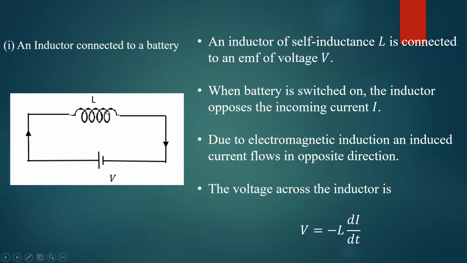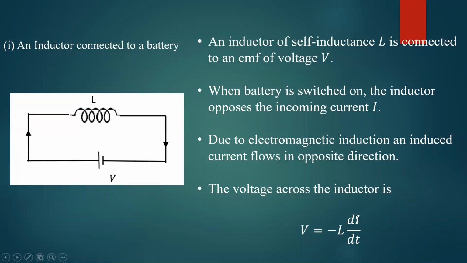Okay, so then what is the voltage across the inductor? Voltage across the inductor is given by minus L into di by dt. Okay, so voltage produced by the inductor is more if there is a more variation of current.